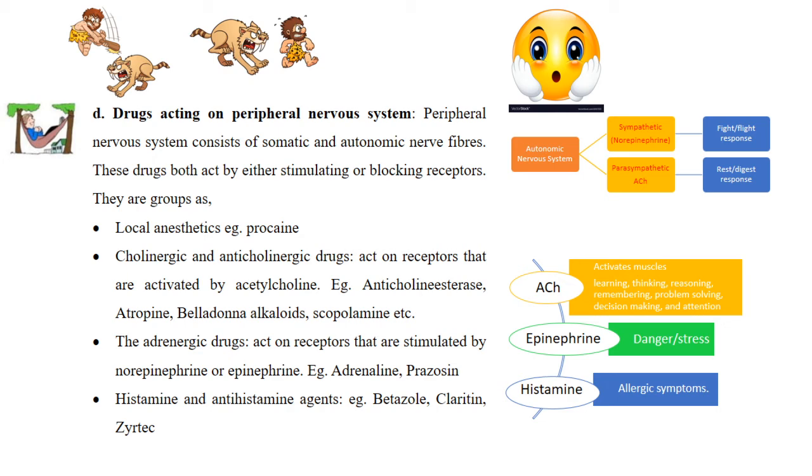When it is stimulated, we have a sound cognitive response and our muscles are activated well. If acetylcholine is blocked, our muscles will be paralyzed and there won't be any movement. So that is about acetylcholine.